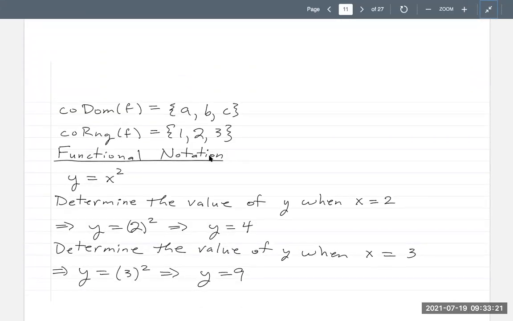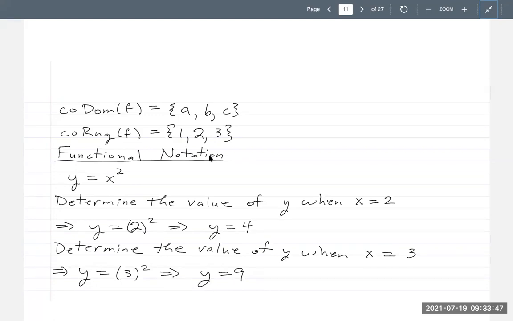Functional notation. And so functional notation is extremely useful. It is also an area of vast confusion to calculus students. You must be sure that you know functional notation and that you're very comfortable with it.